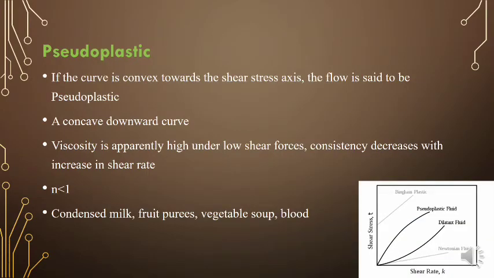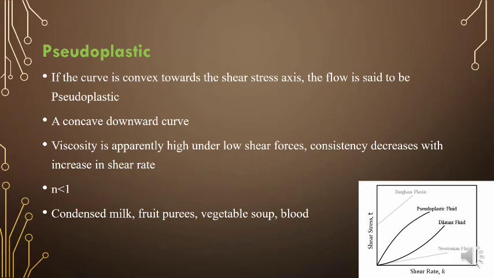And coming to pseudoplastic again, if the curve is convex towards the shear stress axis, the flow is said to be pseudoplastic, and viewed from the shear rate axis, the x-axis, it is known as a concave downward curve. In this case, the viscosity is apparently high under low shear forces. So the consistency decreases with increase in shear rate.